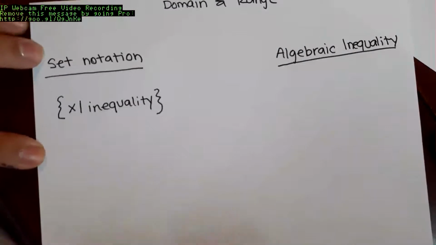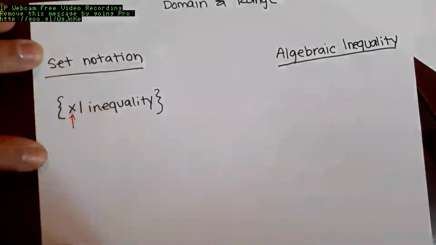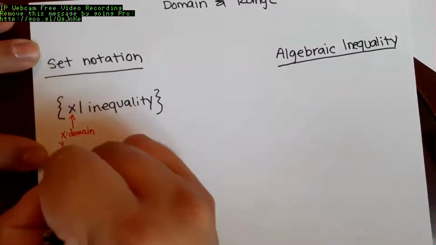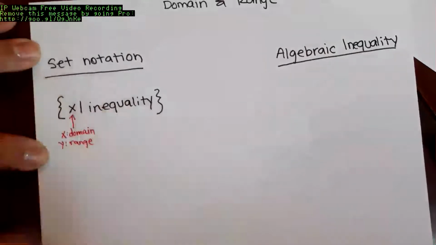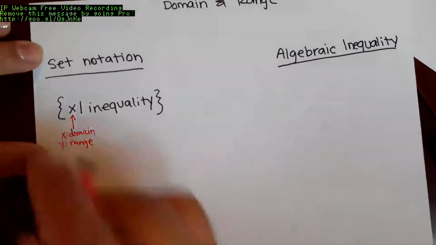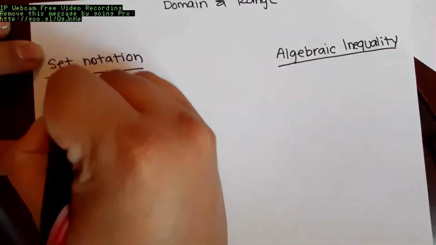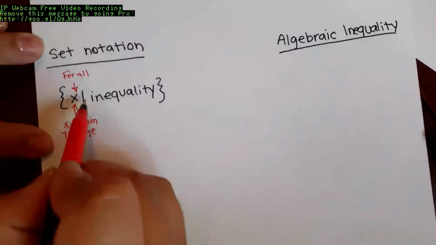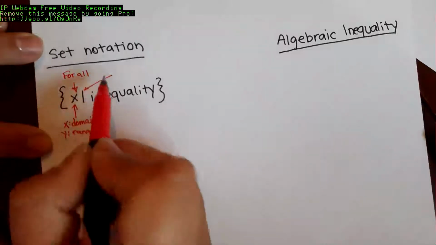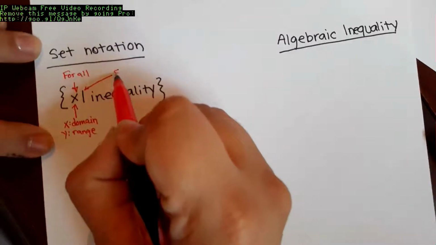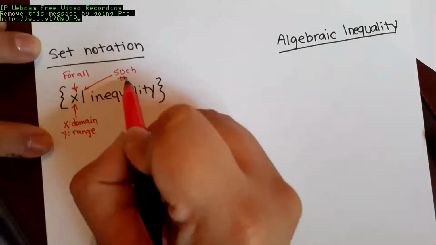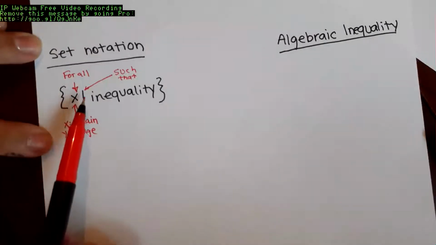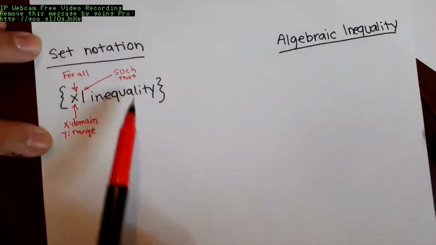So the way I would say this is, if I'm talking about my domain, then this is going to be X. But if I'm talking about my range, then it's going to be Y. And we would say for all X. And this vertical line right here, that is such that. So you know, math has its own language. So we would say for all X such that, and we're going to have an inequality here.